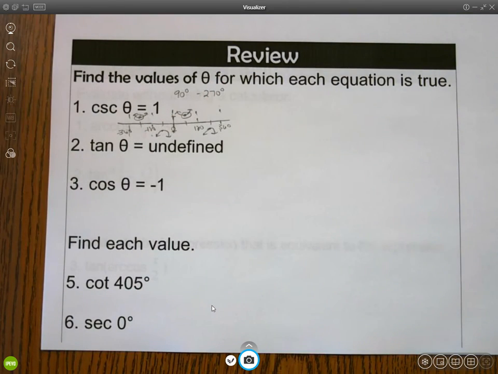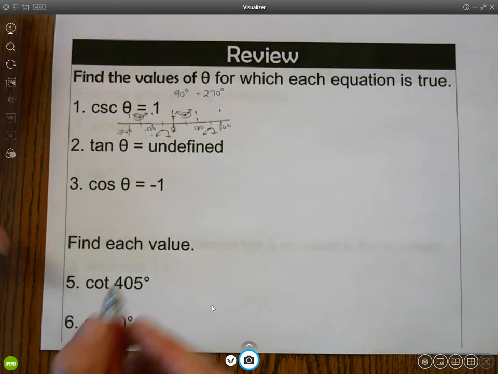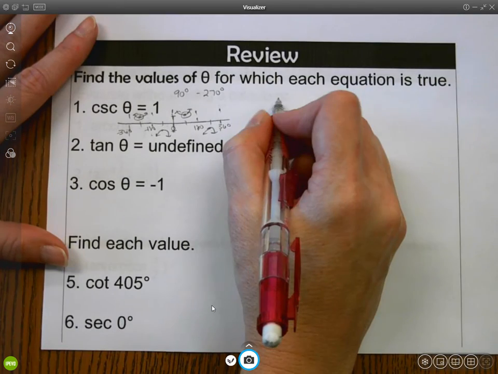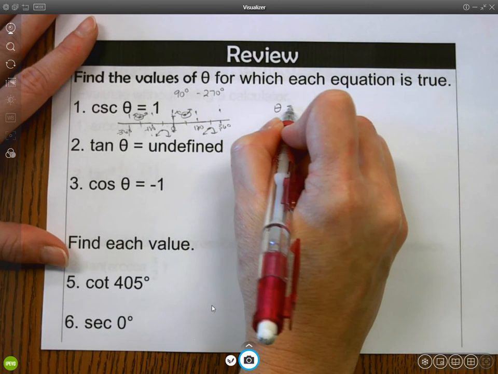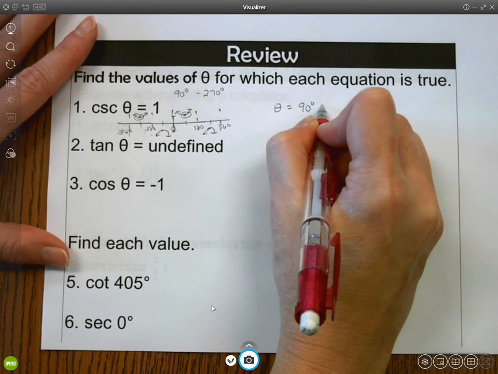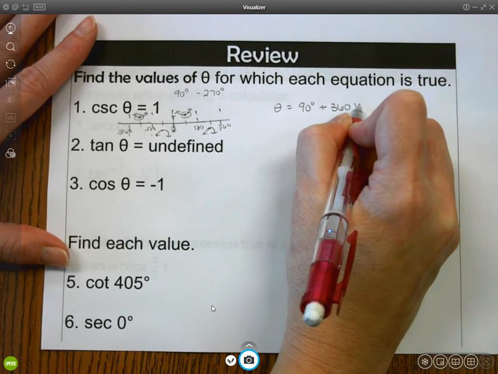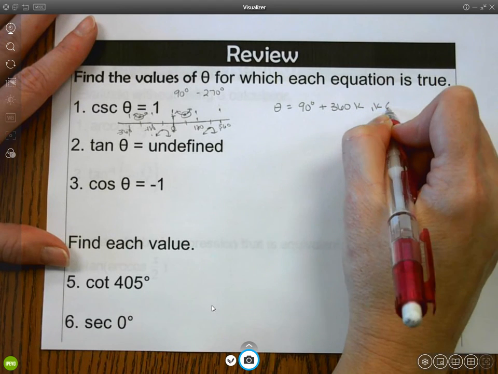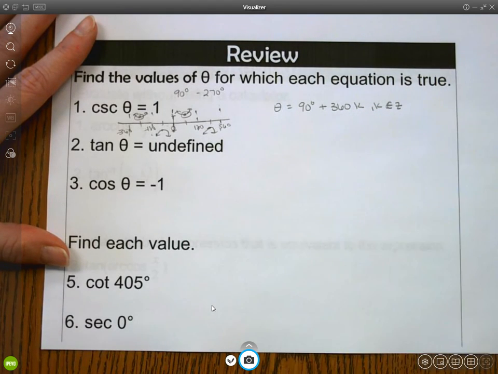How far apart are 90 degrees and negative 270 degrees? If you do negative 270 plus 360, you get to 90. So we know that theta is 90 degrees plus 360k, where k is an integer.